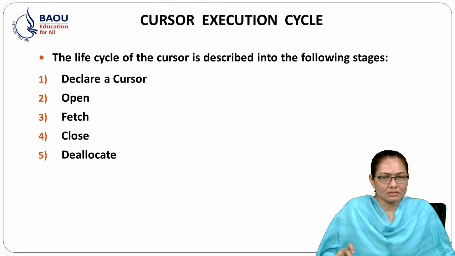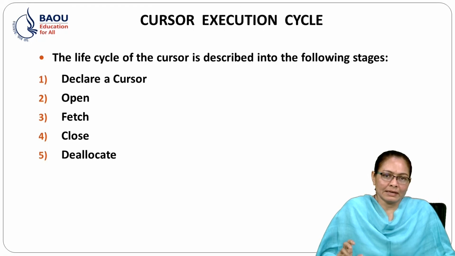The close statement is used to close the cursor: close, then the cursor name. Close the cursor after all the records in the cursor are fetched and processed. After the data manipulation, the close cursor statement is executed. Now deallocate the cursor.